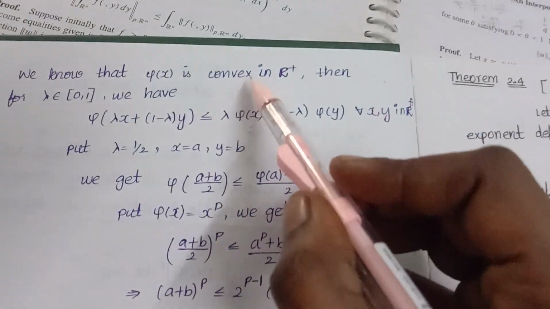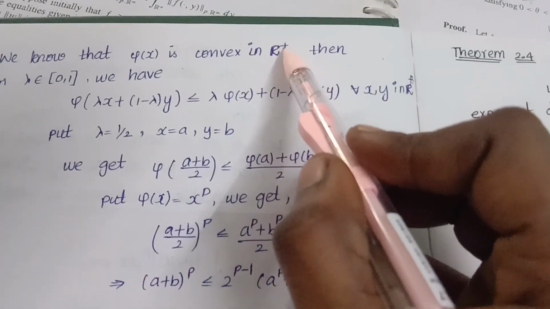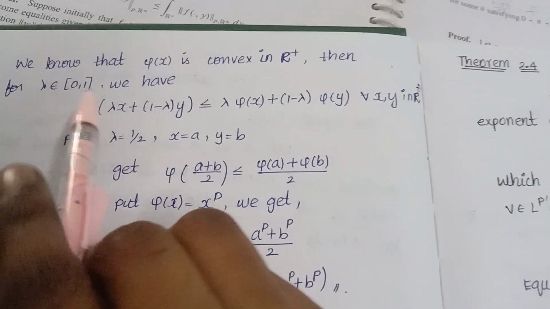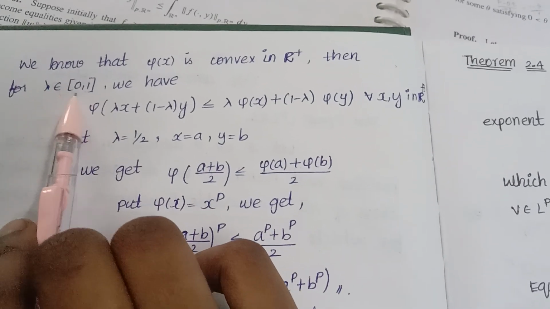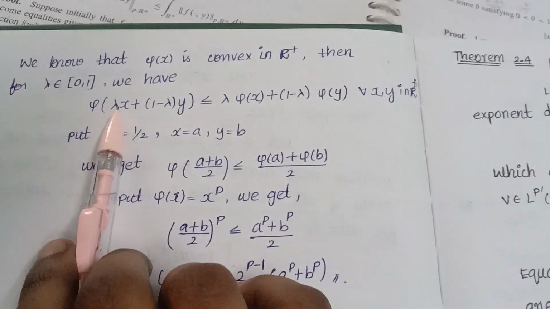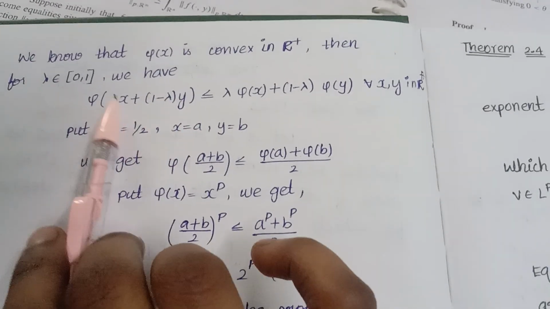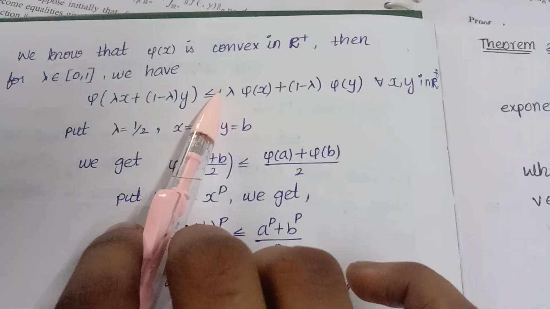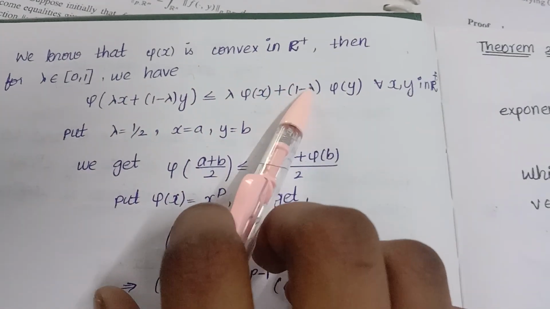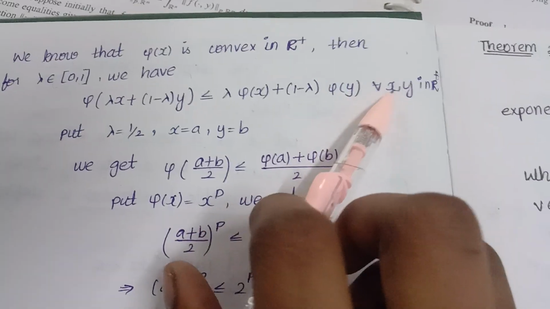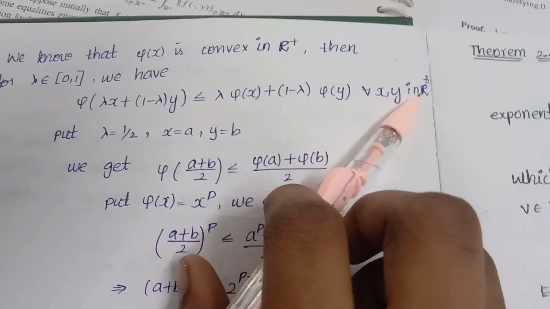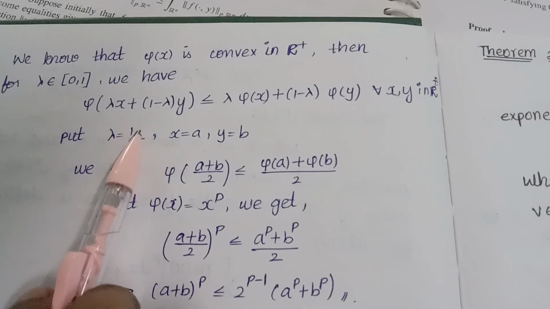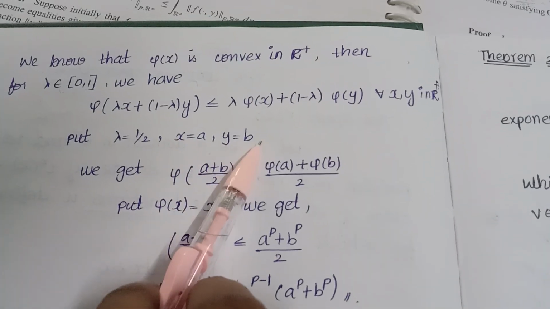We assume that phi(x) is a convex function on R. Then for lambda belonging to (0, 1), because the lambda value must lie between 0 and 1, we have phi(lambda x + (1 minus lambda) y) less than or equal to lambda phi(x) + (1 minus lambda) phi(y) for all x, y belonging to R. We put lambda equal to 1/2, x equal to a, y equal to b.